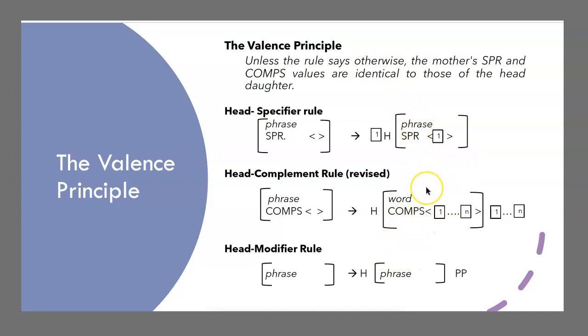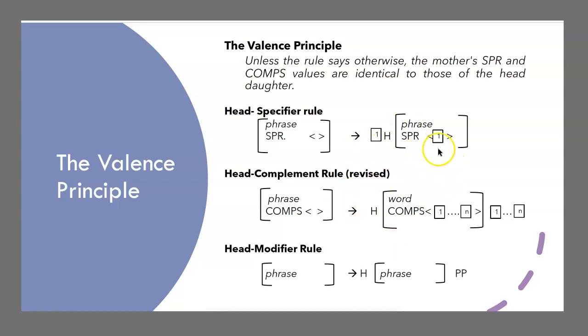One of these 3 rules has to apply. We'll apply the head complement rule, and the noun will have complements. My question is, if none of these rules apply? No, none of these rules apply.